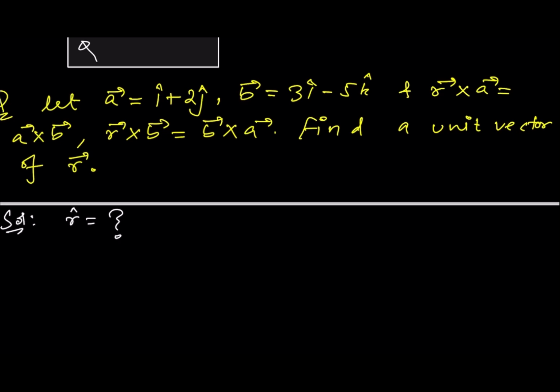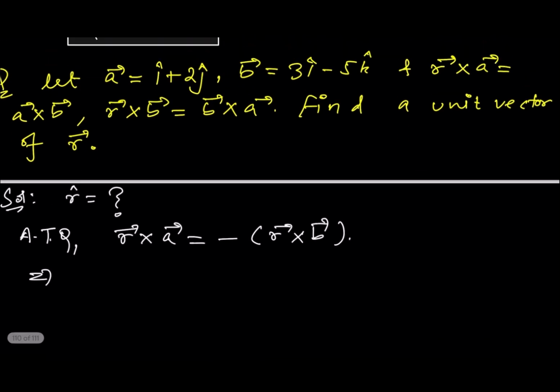So directly I can write R cross A is equal to minus of R cross B, right? Okay students, what is given in the question? According to the question, we can write this thing.